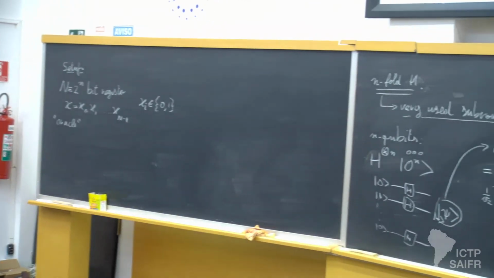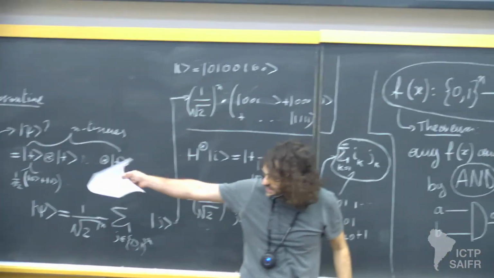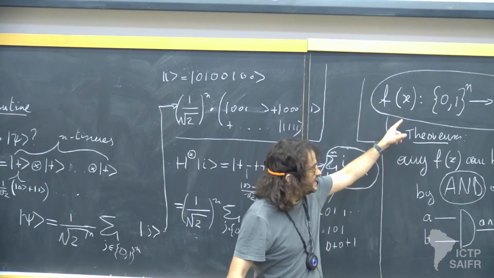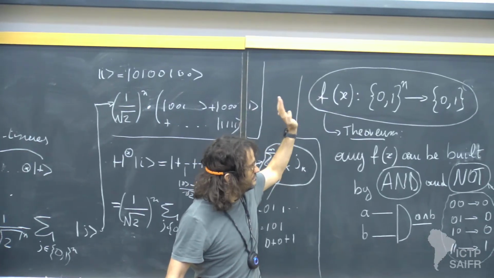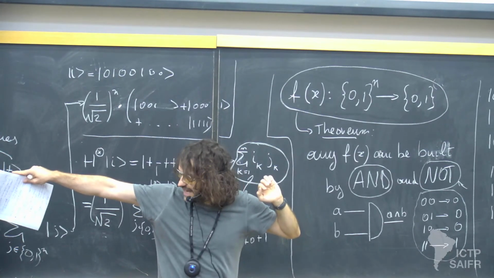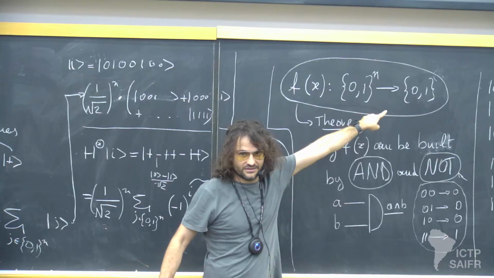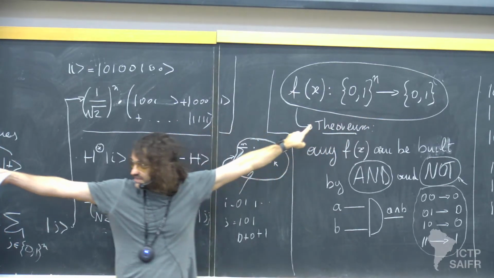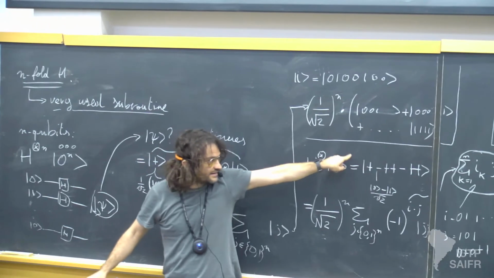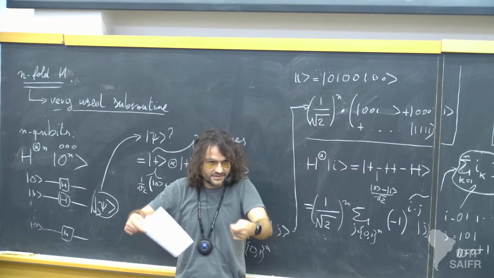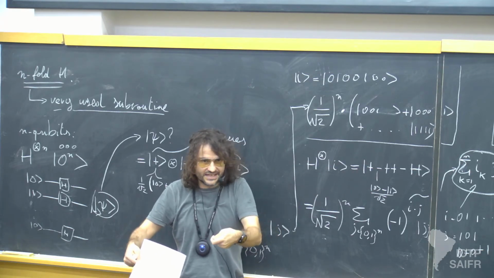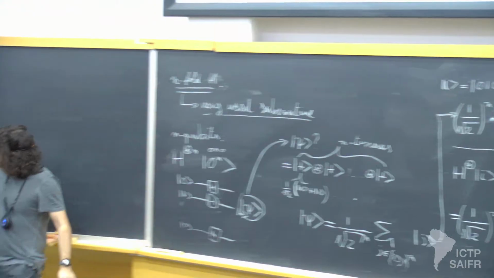I could imagine that this is just a convenient way to say that each xi is one outcome of this. And the numbers match, right? Because we have small n qubits that can parameterize 2 to the n classical states.